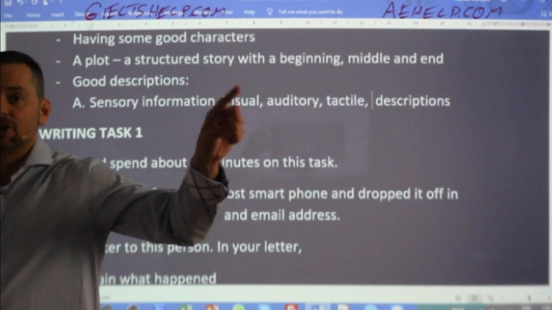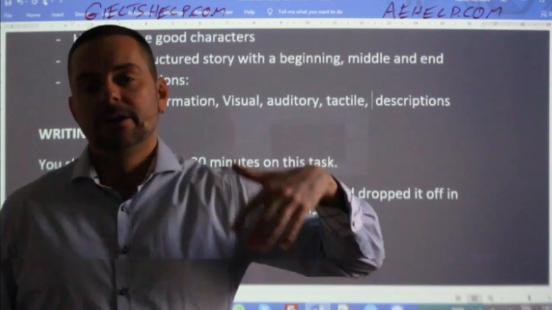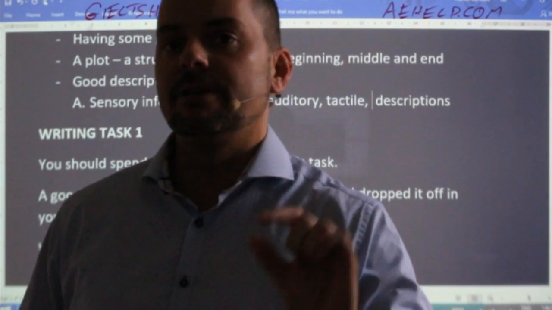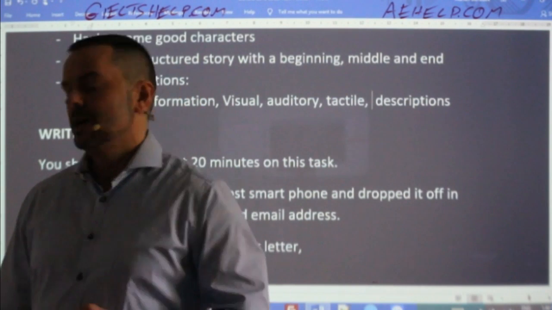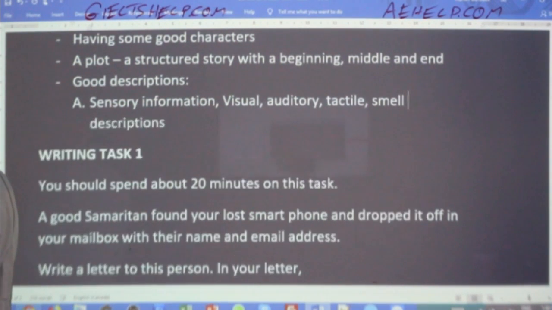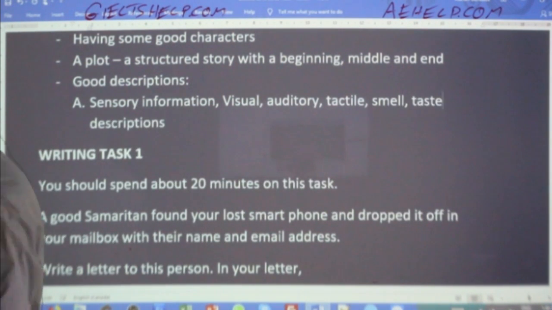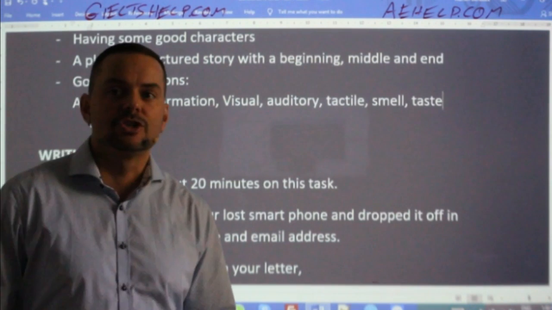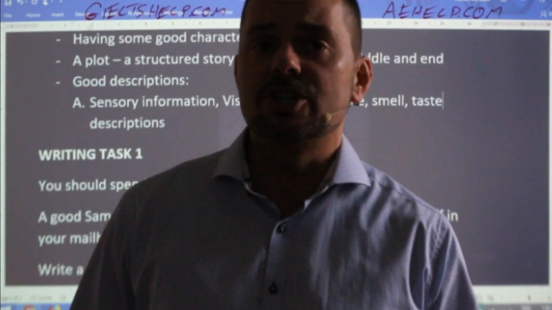Tactile is touch, students. So tactile is the higher kind of vocabulary for touch. Okay. So tactile, smell, and taste. Yeah, so that's called sensory information. So you want to include sensory information.